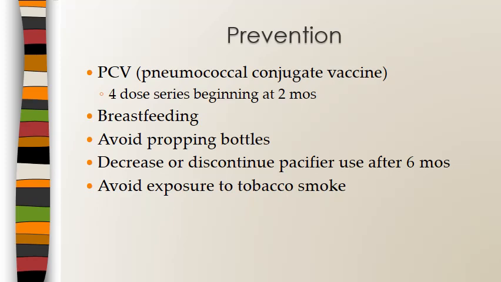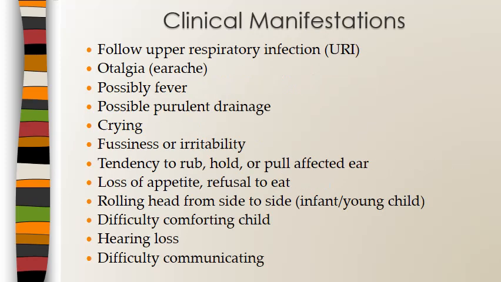We want to educate the parents to avoid propping bottles. We're going to ask them to decrease or discontinue use of pacifiers after 6 months, and also avoid exposing the child to tobacco smoke.